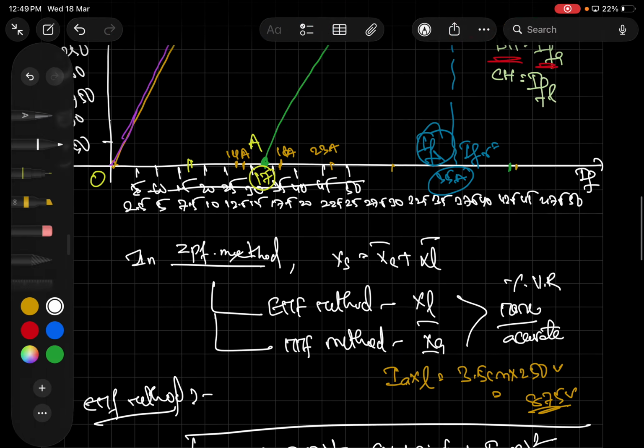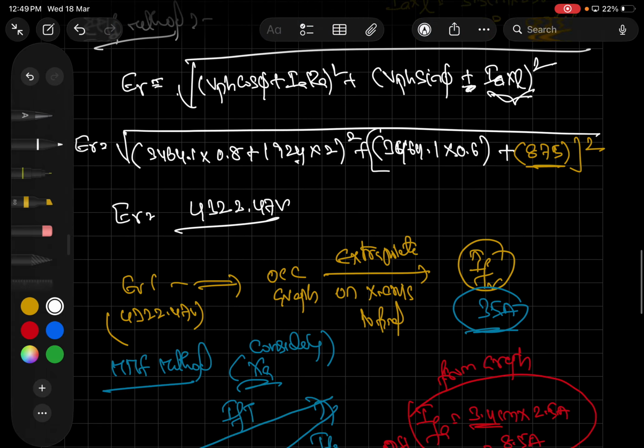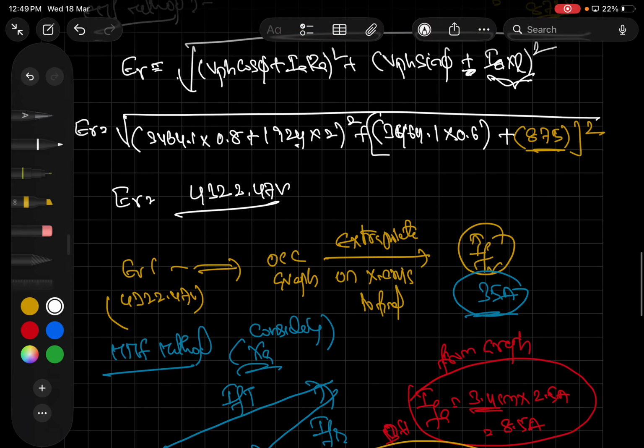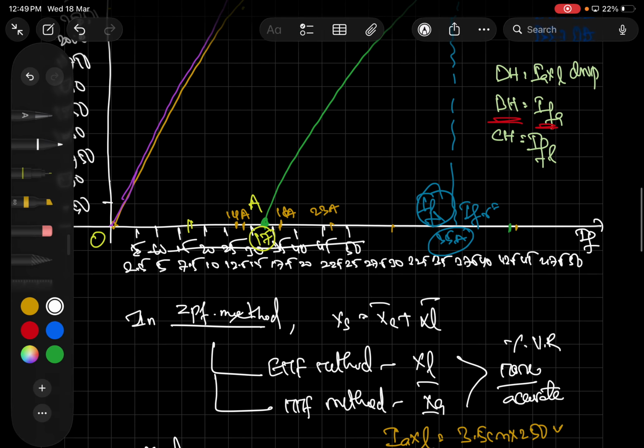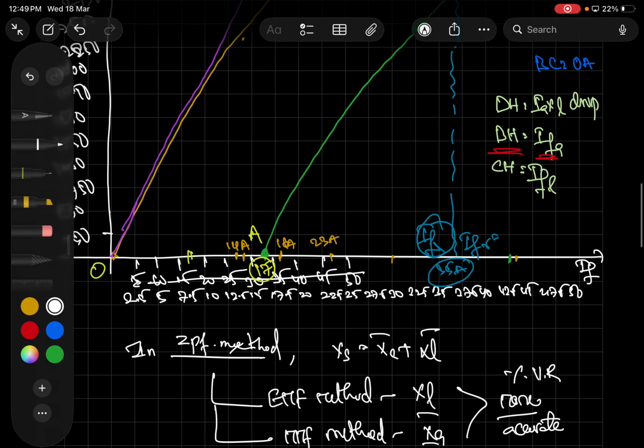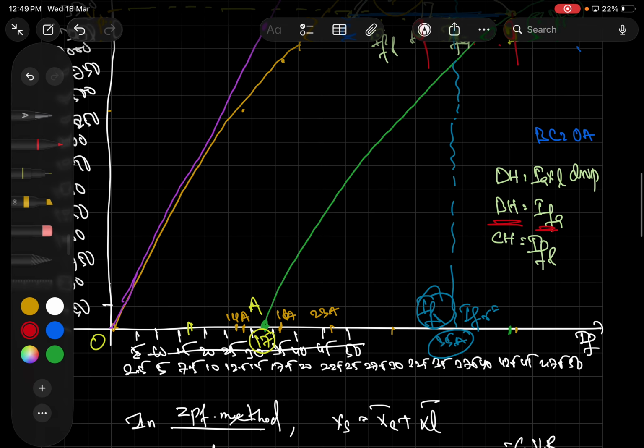Simple conclusion. What is the corresponding current we got here? 40.67. I'll use red color here. This is the IFT.